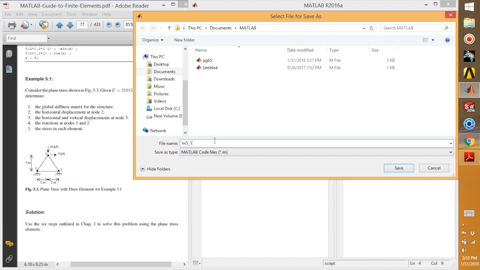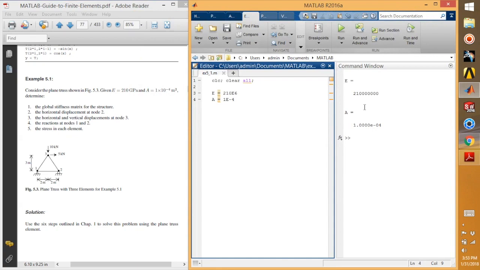Now let's start with node. So for node, as you can see, we have 3 nodes, and we consider the origin at node 1, so this node will be 0 and 0.